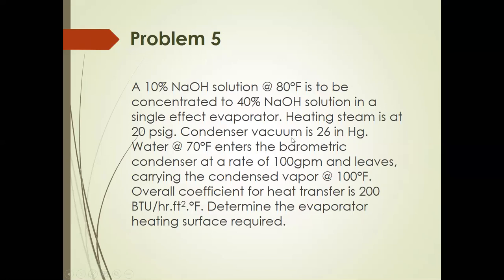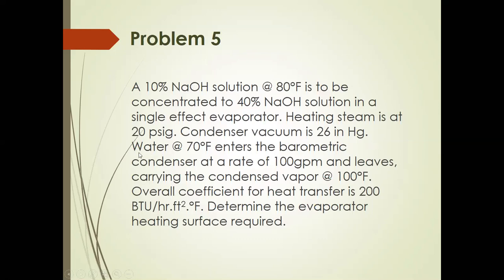Otherwise, one will burst and the other will compress or decompress. These two are connected, your evaporator and your condenser. So if your condenser is under vacuum at 26 inches mercury, then your evaporator is also under vacuum at this same pressure. You have to remember that, because there are problems that do not give the operating pressure of the evaporator, but rather give the operating pressure of the condenser. So you can use this one.